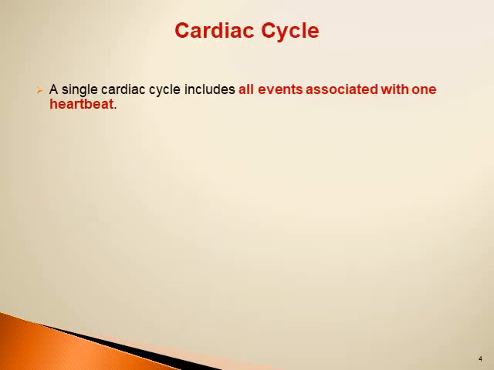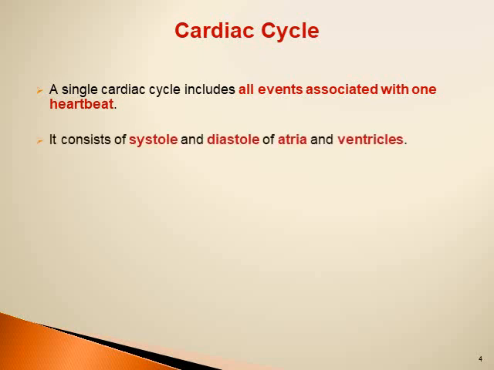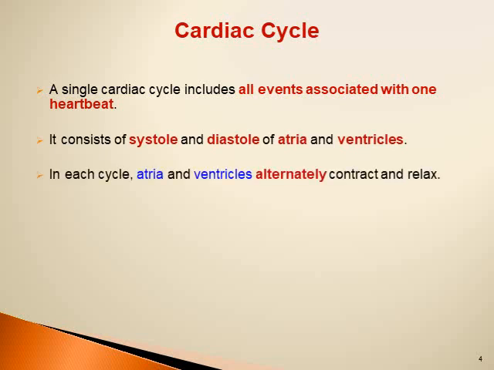The cardiac cycle is defined as a cycle that includes all events associated with one heartbeat. So the cardiac cycle are all the events that occur in one heartbeat. It consists of systole and diastole of the atria and ventricles. In each cycle, atria and ventricles alternately contract and relax.